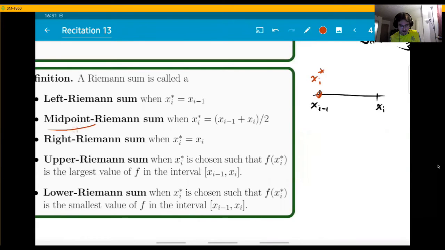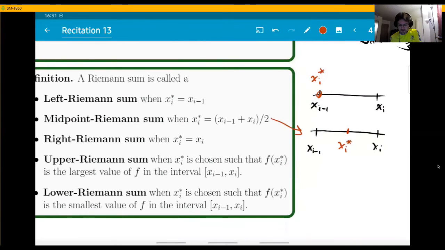Midpoint is when the point that you select is halfway between the 2 endpoints. So now for midpoint, here's xi minus 1, xi. We can call those sample points, the xi star. The one being selected is the one right in the middle of the interval.